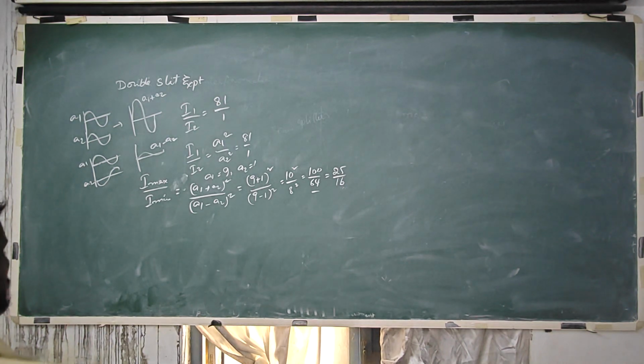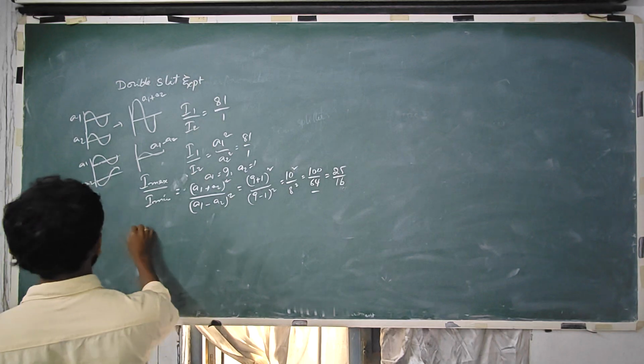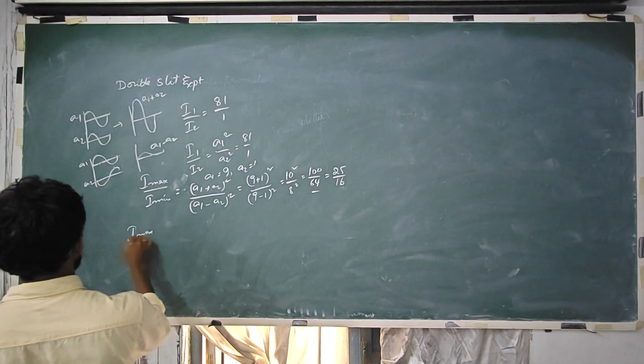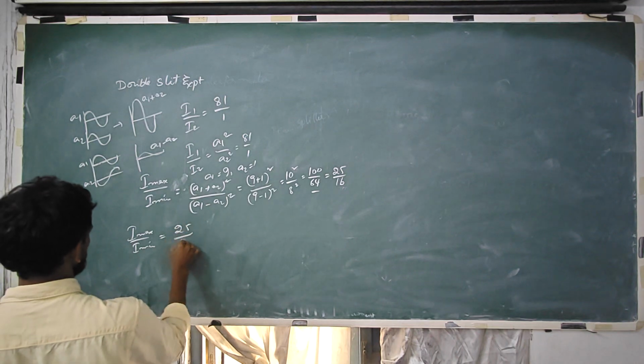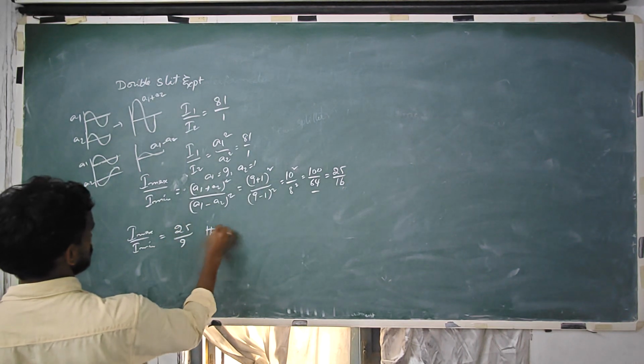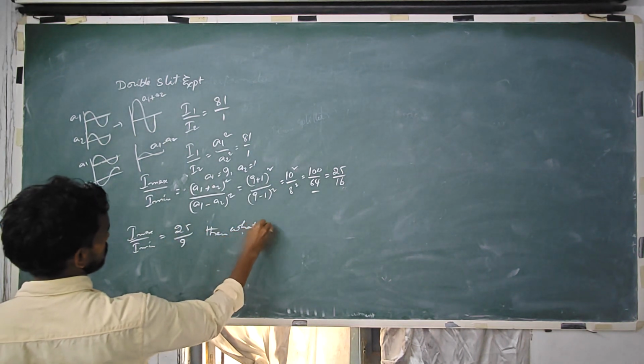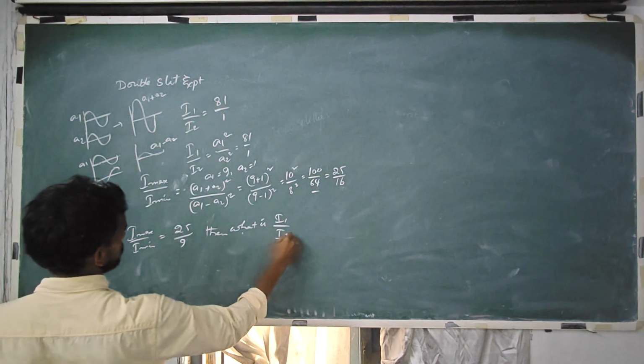That's a similar problem with the opposite one. Let's say I max by I min is 25 by 9. Then what is I1 by I2?